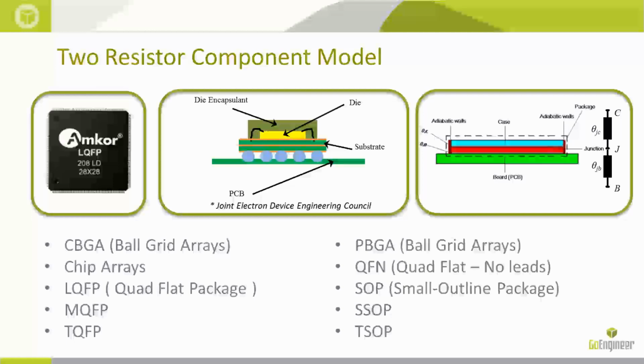As long as you provide the exact dimensions of the rectangle that matches the CPU or the package that you're trying to simulate, it automatically provides adiabatic walls on the side, which means no heat transfer lateral to the direction, and all the heat is transferred either below to the PCB board or directly above, where in our case we had a heat sink above it. So it's an idealized model that is a good representation of what happens in reality, but without adding all of the details of your component.